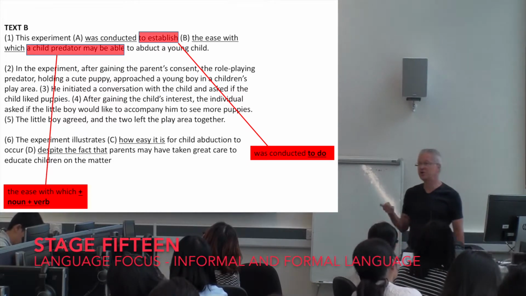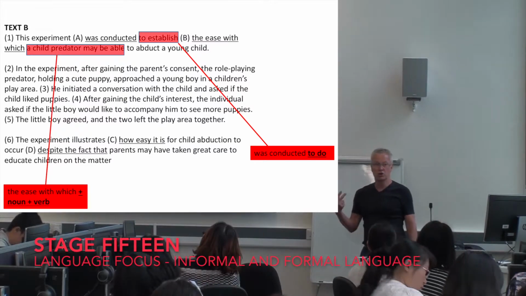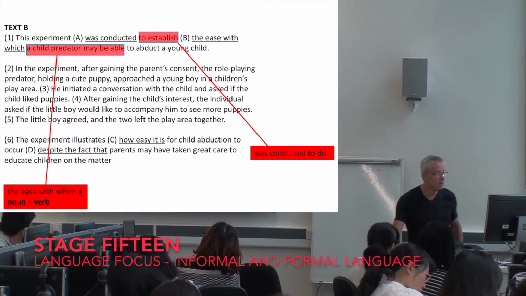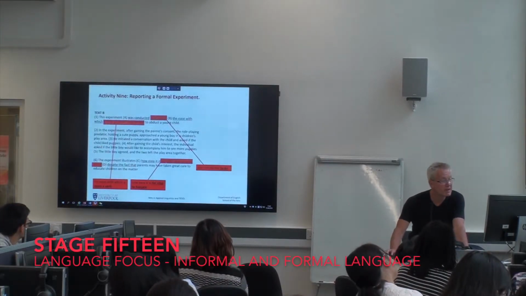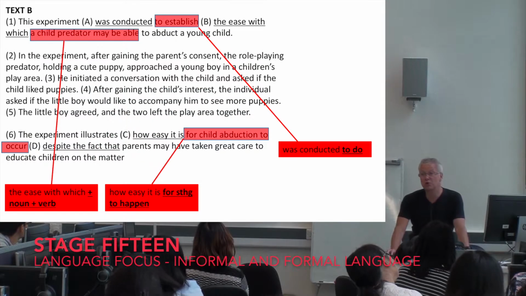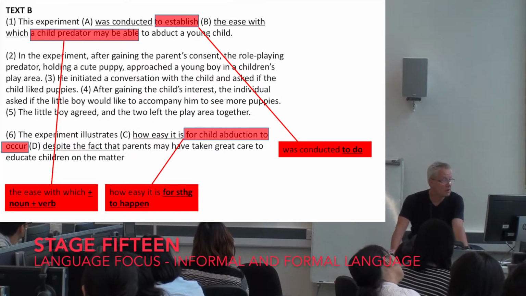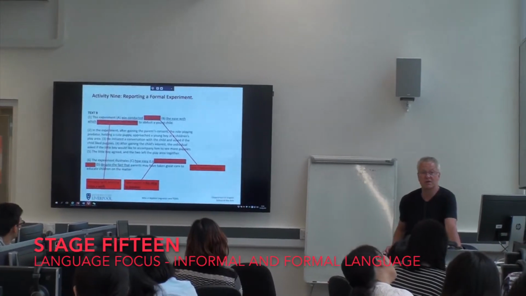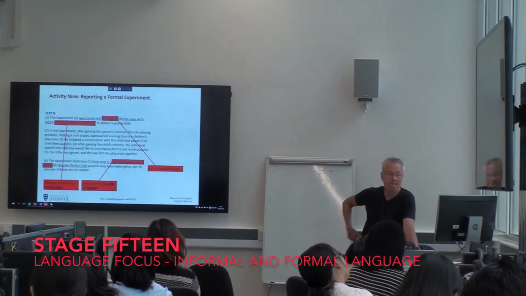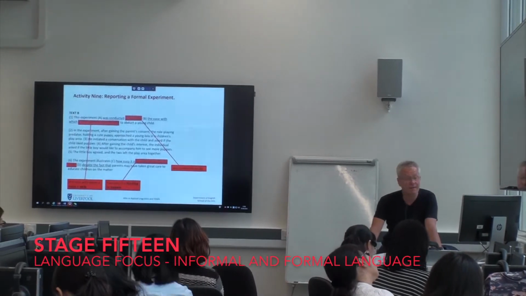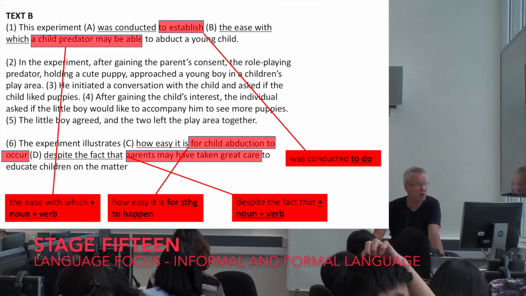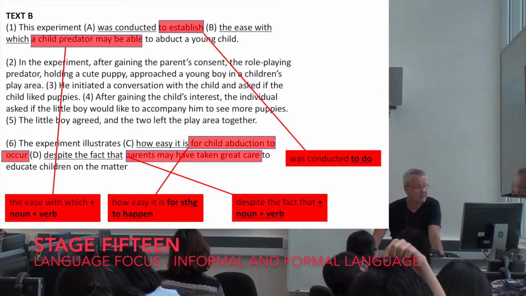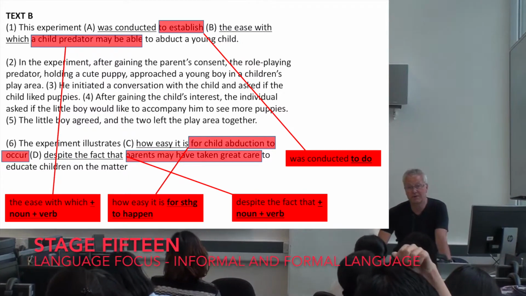The ease with which somebody can do something. Okay, another one. How easy it is for something to happen. Okay, and what's the grammar of the last one? Despite the fact that. It's a full clause, yeah. Okay, despite the fact that plus noun plus verb.